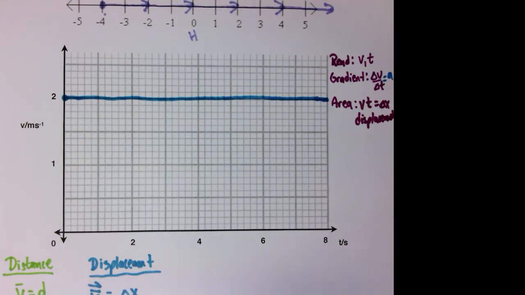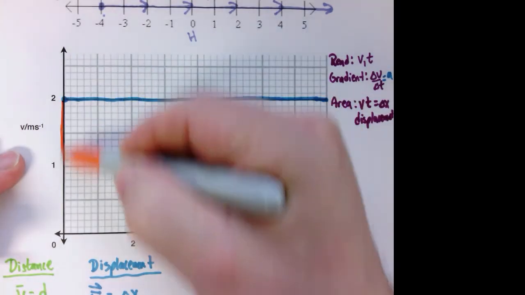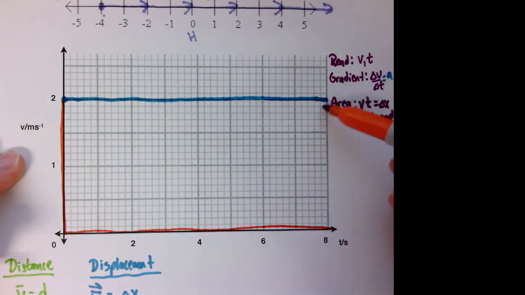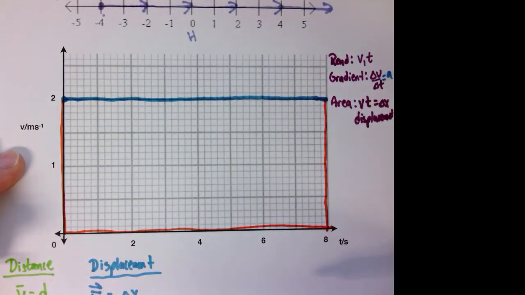We also learned that the area is the displacement. So the area under this curve would be given by this rectangle.